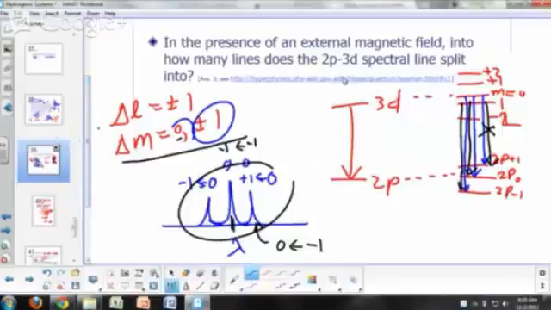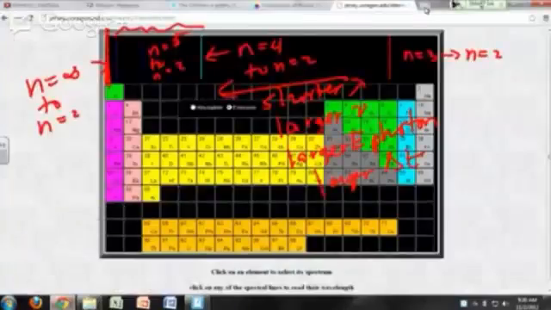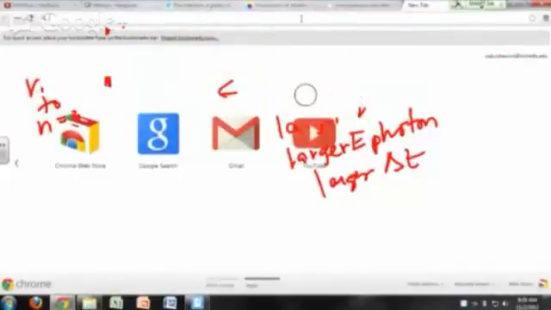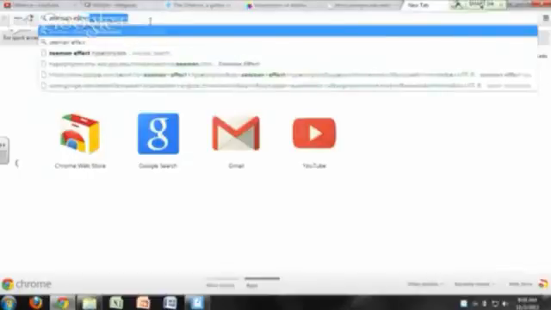And here's the website where you might see that illustrated. Let me pull up that website. Just do a search for Zeeman effect hyperphysics.